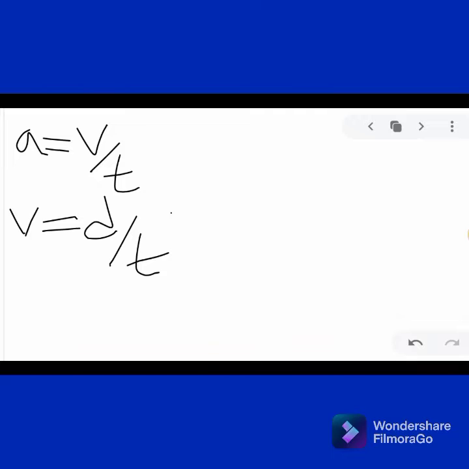Distance is the same thing as length, so we write L, and time is capital T. So velocity is distance over time, which is L over T. That means our A, which is V over T, is the same thing as saying V times 1 over T.